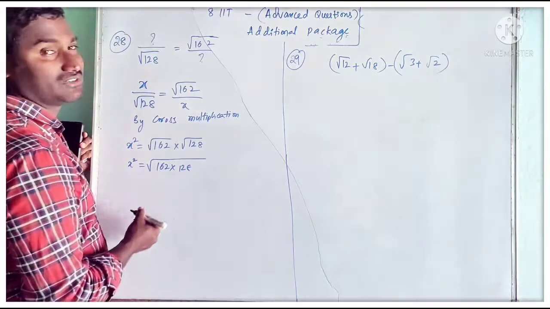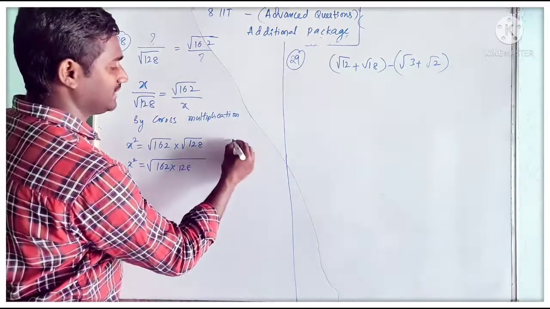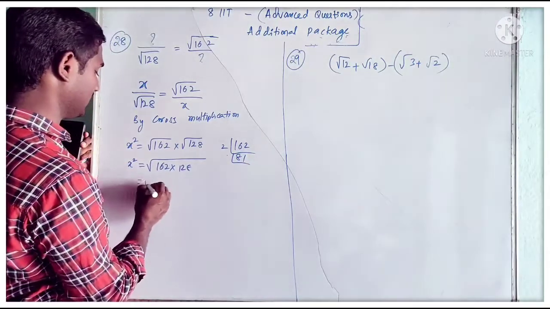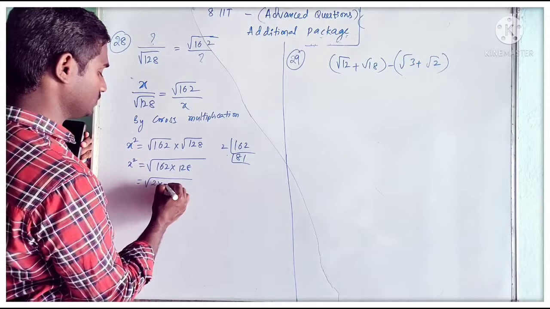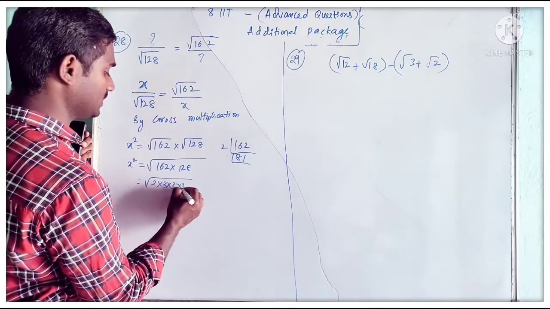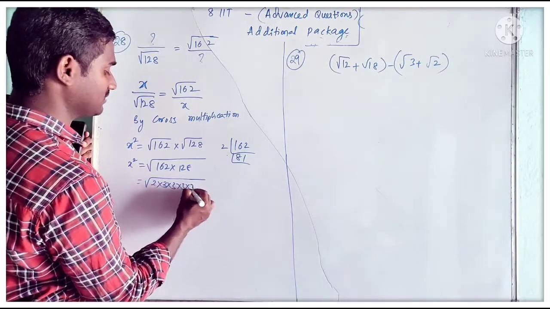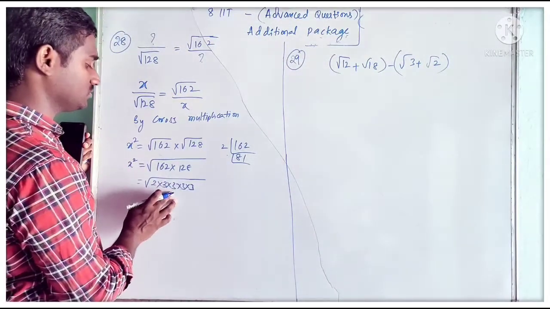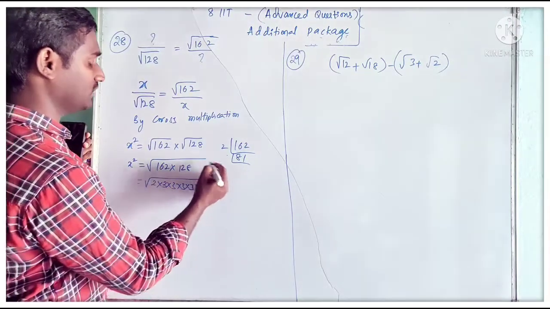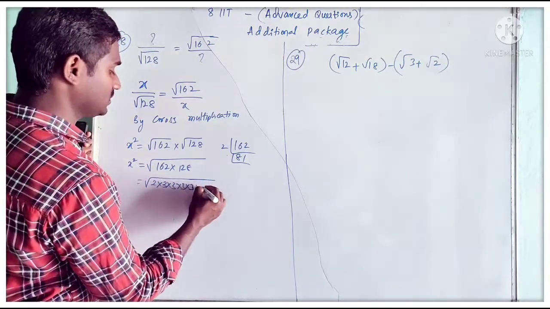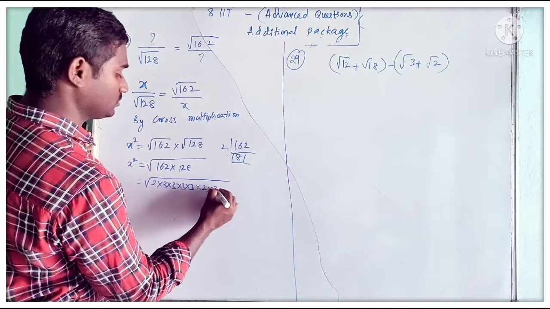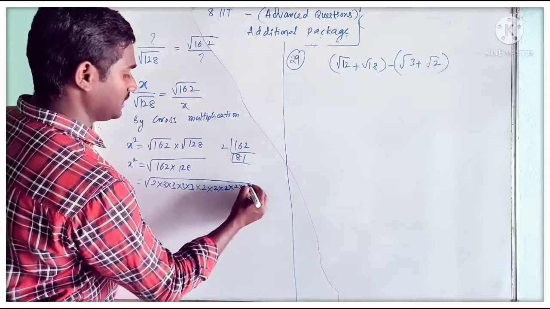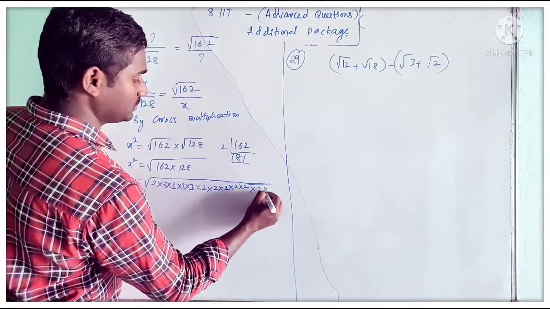The prime factorization of 162 is 81 into 2, so 3 power 4 into 2: 2 into 3 into 3 into 3 into 3. The prime factorization of 128 is 2 into 2 into 2 into 2 into 2 into 2 into 2.